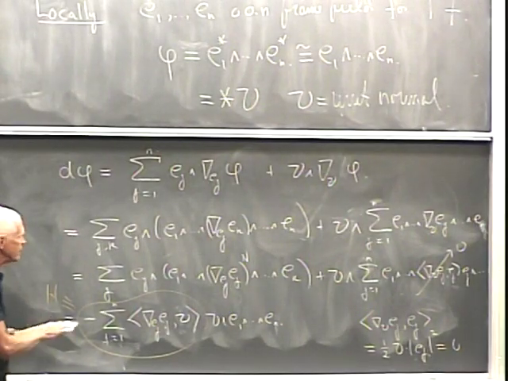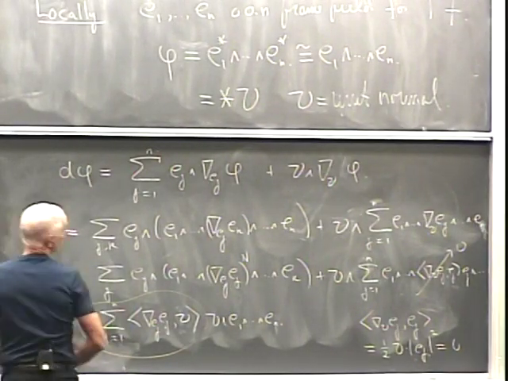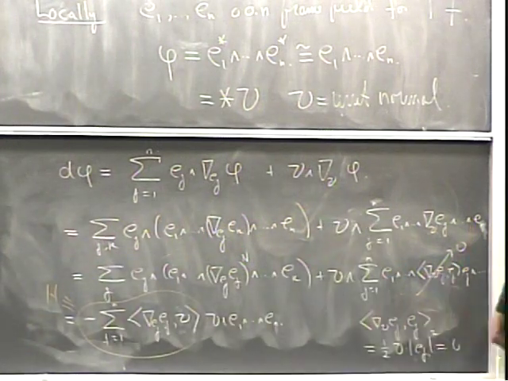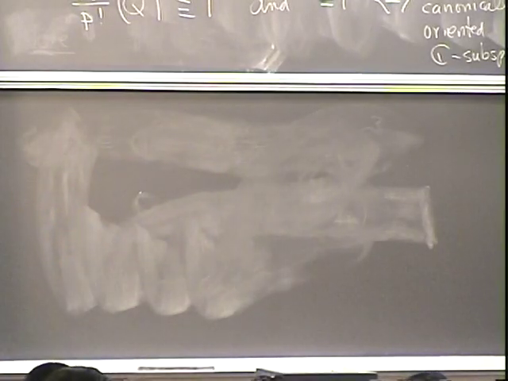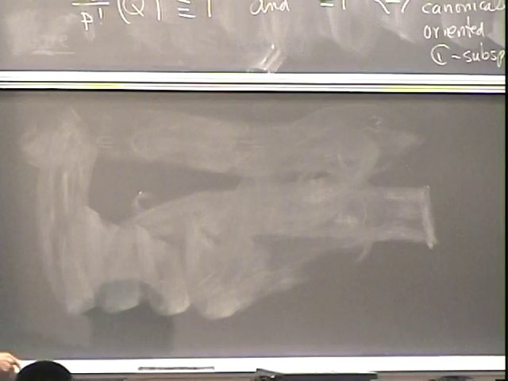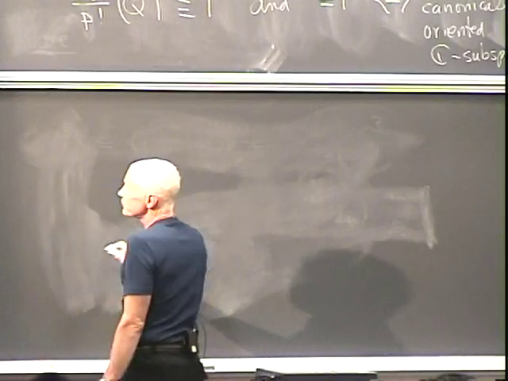Okay, so it's an easy calculation, but it has a very nice consequence. So for example, how do you get a foliation?